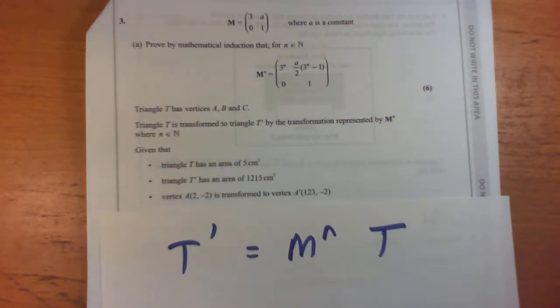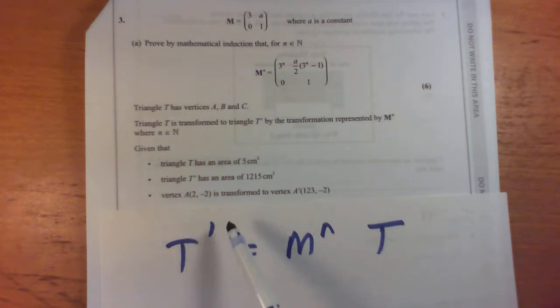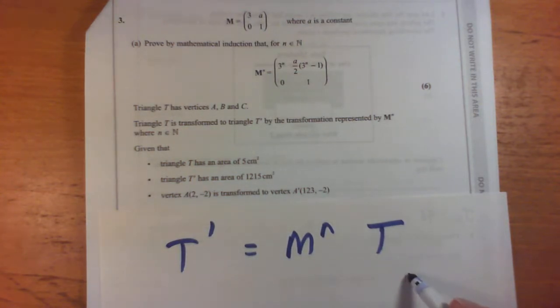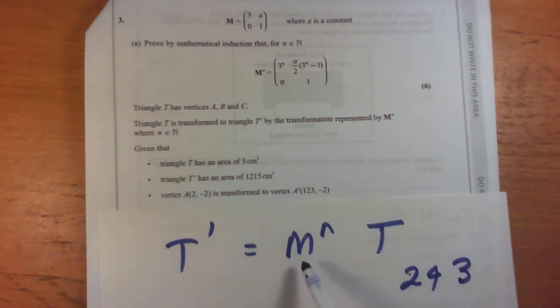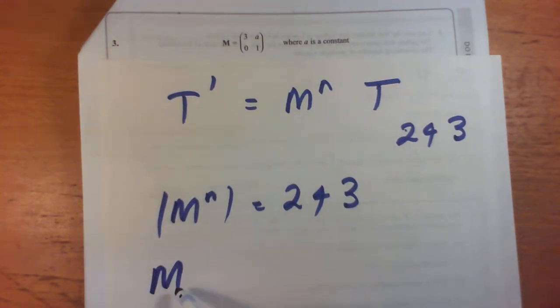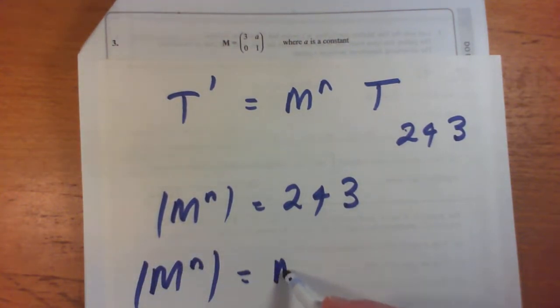So we're told that T dash is 1, 2, 1, 5, and initially T has an area of 5. So dividing one by the other, the actual multiplier factor is 2, 4, 3. I think it's 2, 4, 3. So what I'm saying is that the determinant of this matrix will equal 2, 4, 3. Now, the determinant of m to the n equals the determinant of m, to the power n.